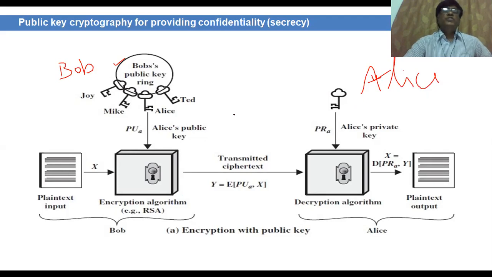Now, assume Bob at the sender side contains the group of public keys of different persons. Bob maintains a public key ring which contains the public key of Joy, who is one person, the public key of Mike, another person, Alice's public key, Ted's public key.